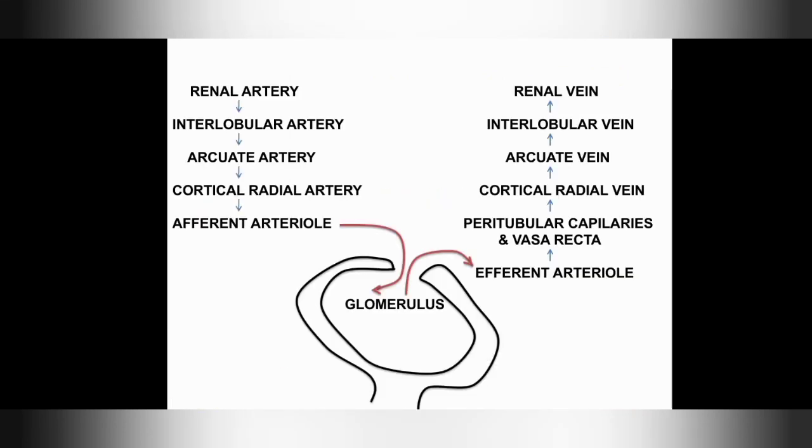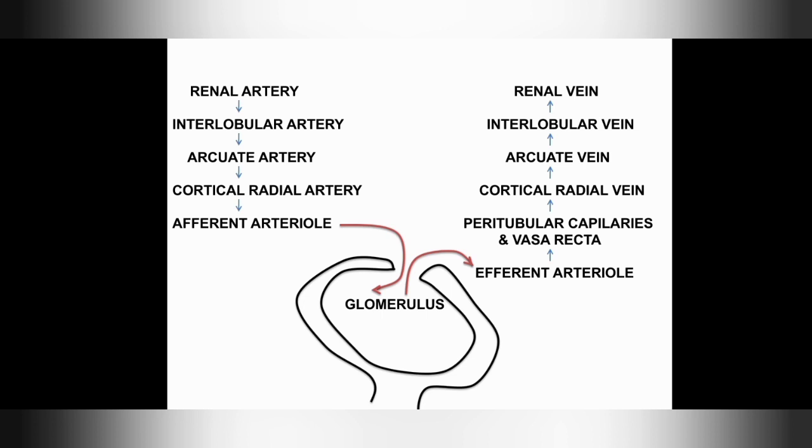So the peritubular capillaries and the vasa recta. Vasa recta I will show you in our next figure. Then it will form the cortical radial vein, then the arcuate vein, interlobular vein, and finally the renal vein.